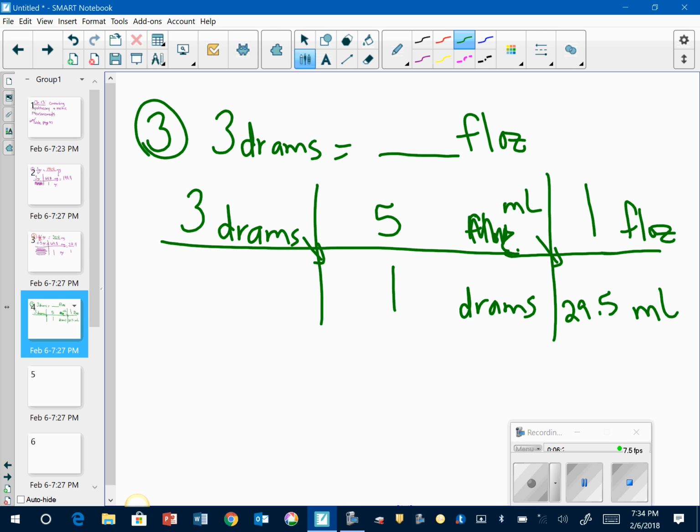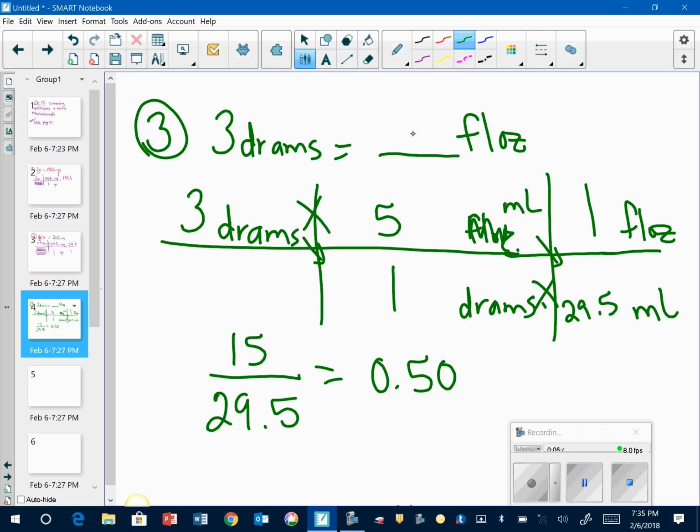Then you multiply across, so 3 times 5 times 1 would be 15. And you multiply across on the bottom, 1 times 29.5. Then you divide 15 by 29.5, and you're going to get 0.5, which is also a half ounce.